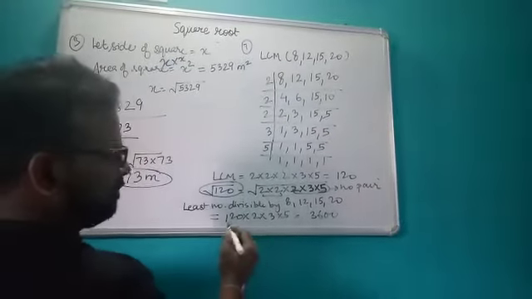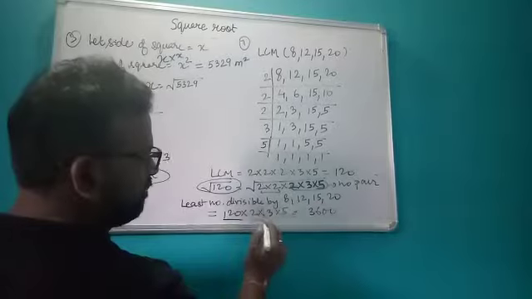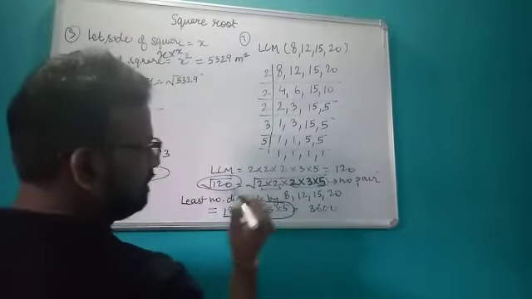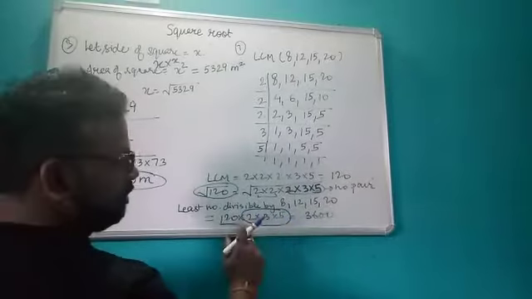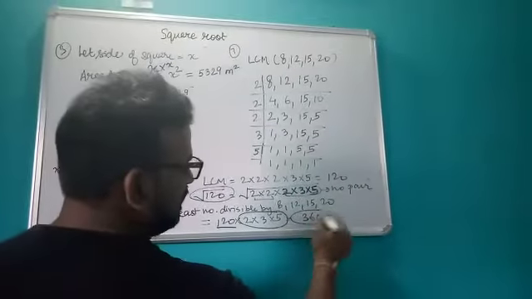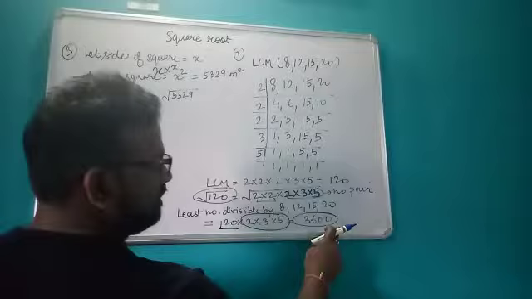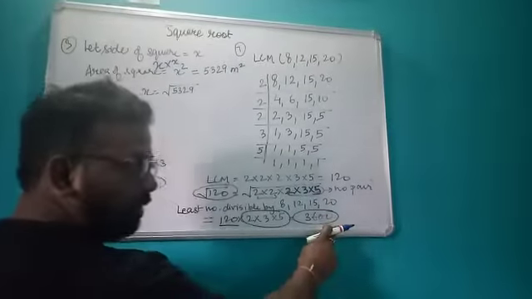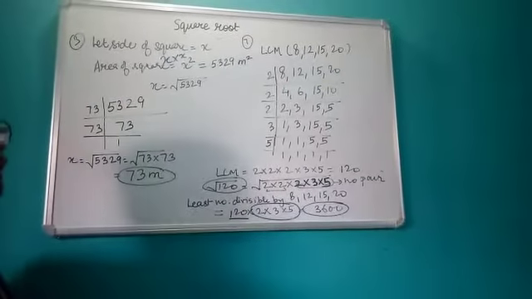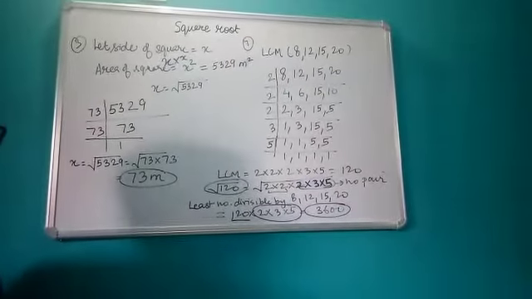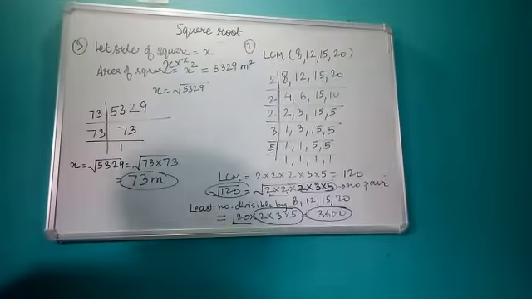So we will multiply this number by all those numbers which are not having pairs, that is 2 into 3 into 5. So when you multiply, you will get 3600. So this number will be the least number which is a perfect square as well as divisible by all the numbers. Okay, so these are the steps that you have to follow to calculate the least square number which is divisible by all the four numbers.